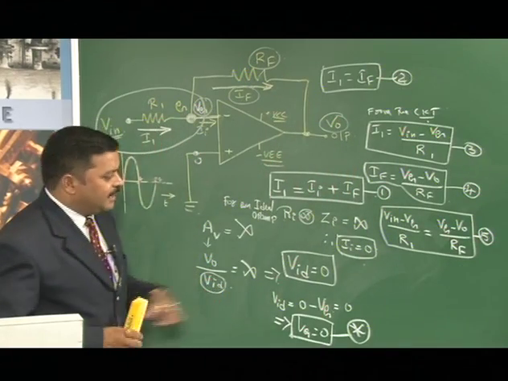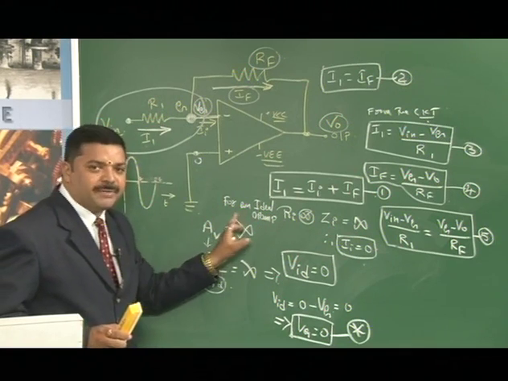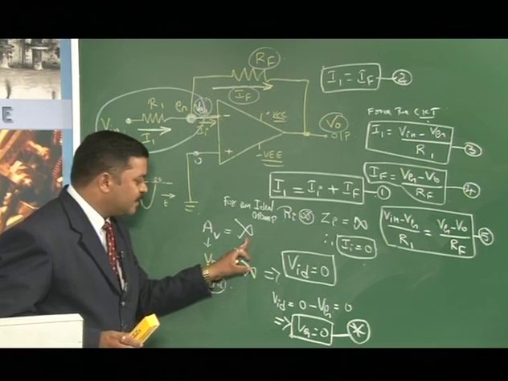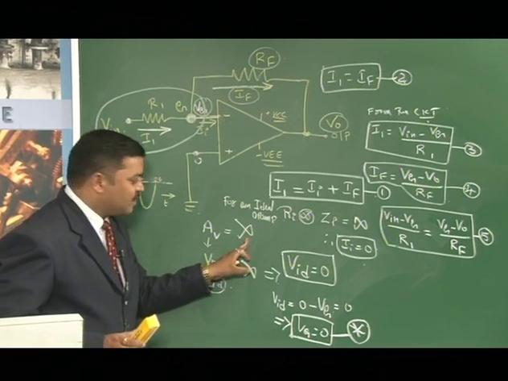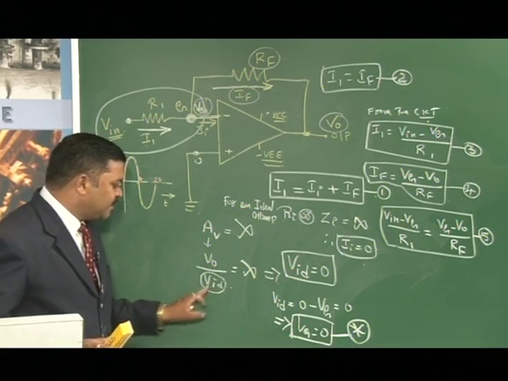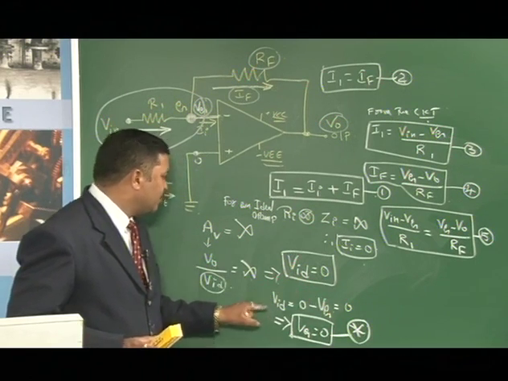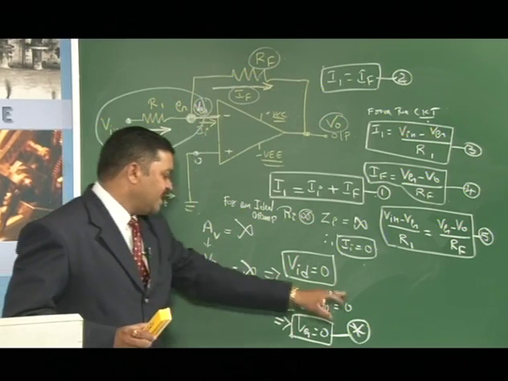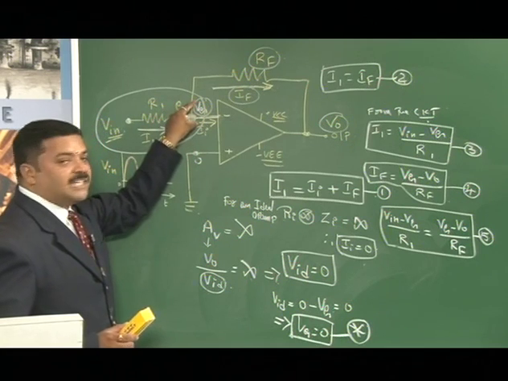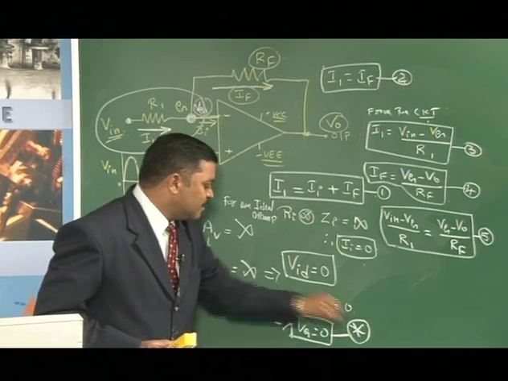At equation 5, let me stop at this point and come back to the ideal op-amp. For an ideal op-amp, we know that AV is equal to infinity. We will take the help of the virtual ground concept. Here AV is infinity, V0 by VID is equal to infinity, which means VID equal to 0. VID equal to 0 means the differential input voltage is 0. That means the differential input voltage, given by positive terminal voltage minus negative terminal voltage, is 0 volts minus Vg, which is equal to 0.